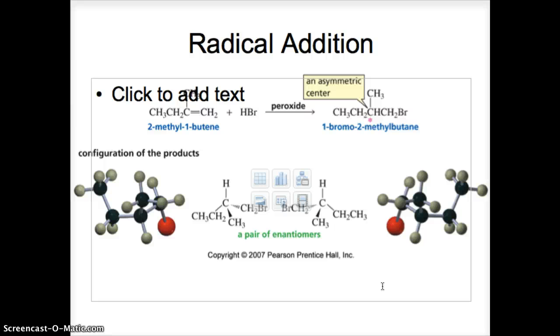The radical intermediate in the addition reaction is formed when the bromine radical adds to one of the sp2 carbons of the double bond. So again, we can see hydrogen bromide adding to the alkene, showing the peroxide effect. That is, it's anti-Markovnikov. And as a result, we get a racemic mixture of R and S enantiomers, as shown on the slide.